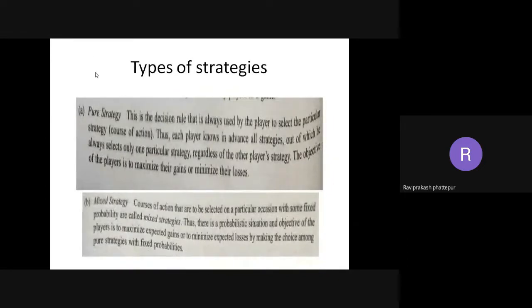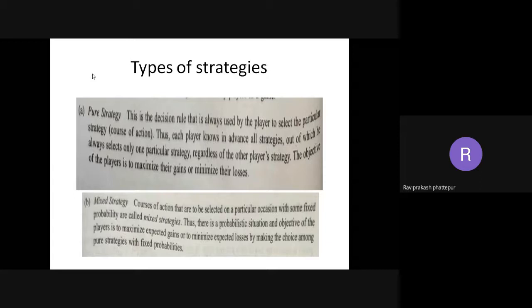Then, types of strategies. We saw what a strategy is. We have two kinds of strategies: one is pure strategy and the other is mixed strategy. So what is pure strategy? This is a decision rule that is always used by the player to select the particular strategy, that is, the course of action. Thus, each player knows in advance all the strategies out of which he always selects only one particular strategy regardless of the other player's strategy.